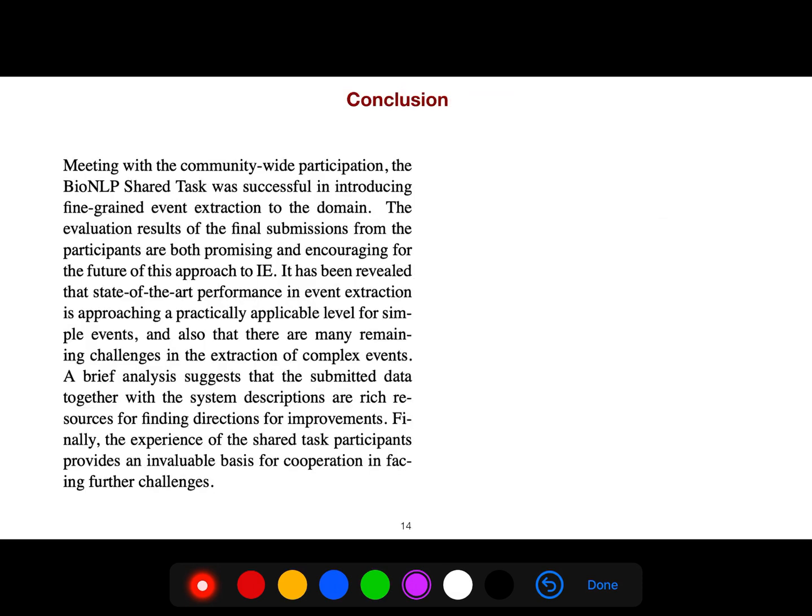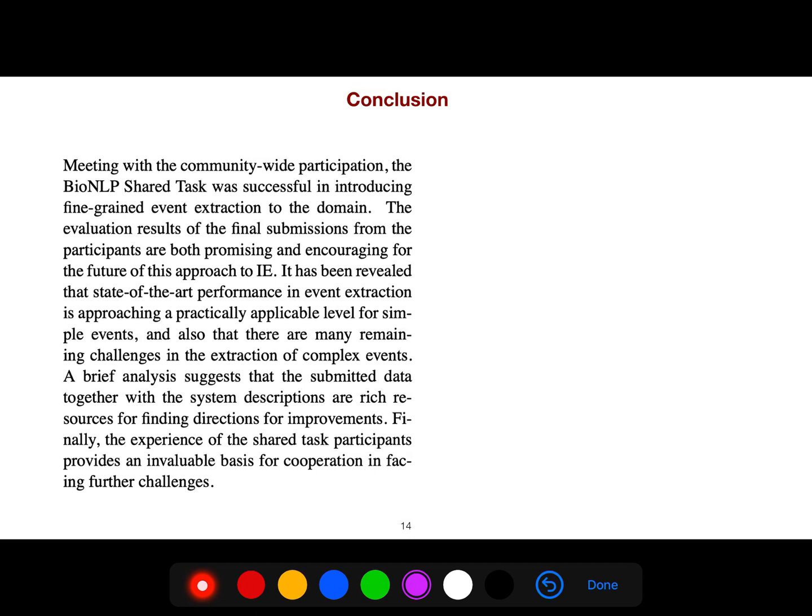With community-wide participation, the BioNLP shared task successfully introduced fine-grained event extraction to the domain. The evaluation results of the final submissions from the participants are both promising and encouraging for the future of this approach to IE.